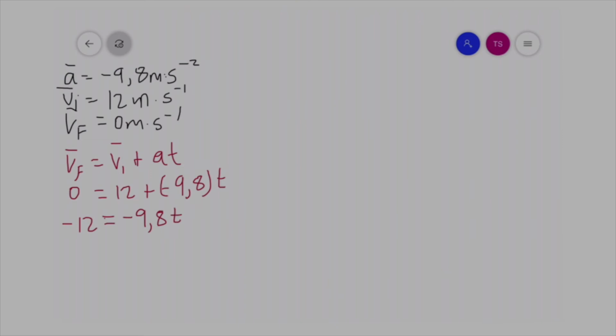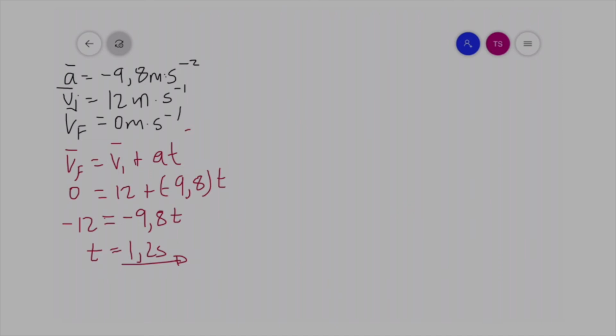If you divide everything by negative 9.8, you will get a time of 1.2 seconds. Now it took stone A 1.2 seconds to reach its maximum height. This is question 3.1, right?